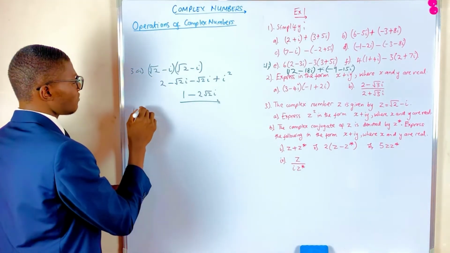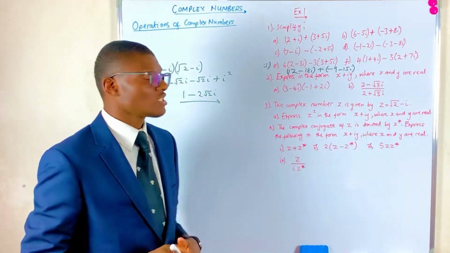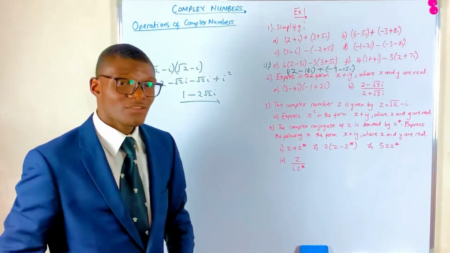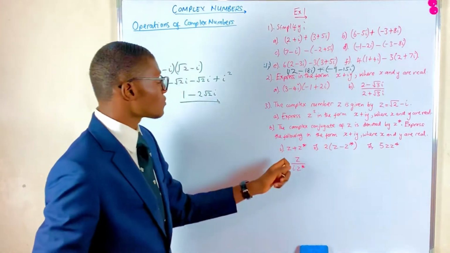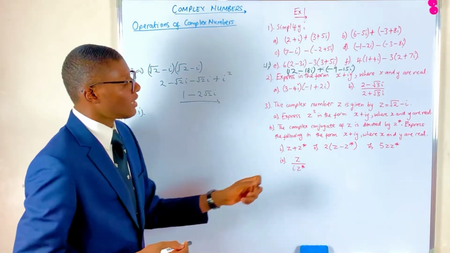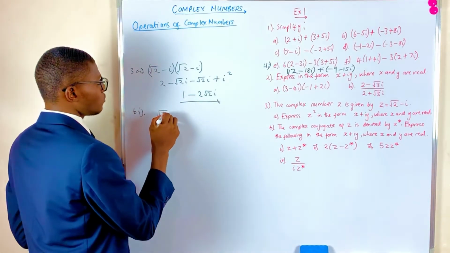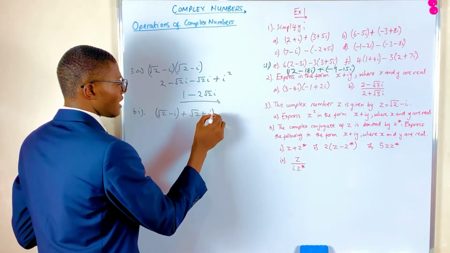Then for 3b, first part, 3b says the complex conjugate of z is denoted by z, then the star at the top there. Express the following in the form x plus iy, where x and y are real. So we've got z plus its complex conjugate. So we're saying root 2 minus i plus root 2 plus i.